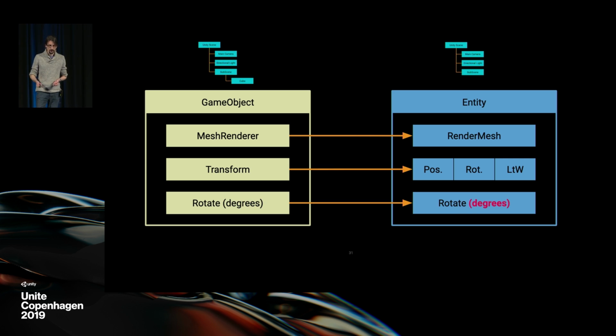And if we just carry that over, we also have degrees on the right side in the runtime, which is not ideal when it comes to the transform system, because the whole transform system works with radians. So that's a trivial example, but just to illustrate the principle.